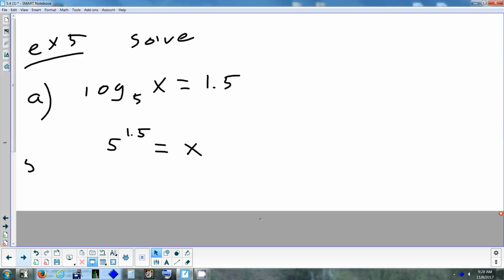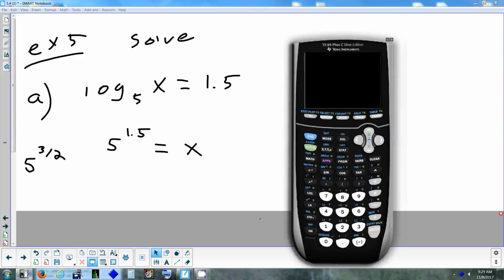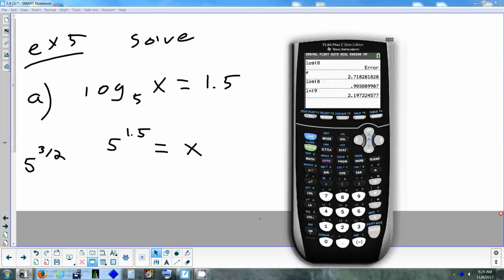Or if you're thinking of it as a fractional exponent, raising 5 to the 1.5 power means to take 5, cube it, and then take the square root. That's what a 1.5 exponent does. It cubes the 5 and then takes the square root of that result. But it's just as easy to type in the decimal.